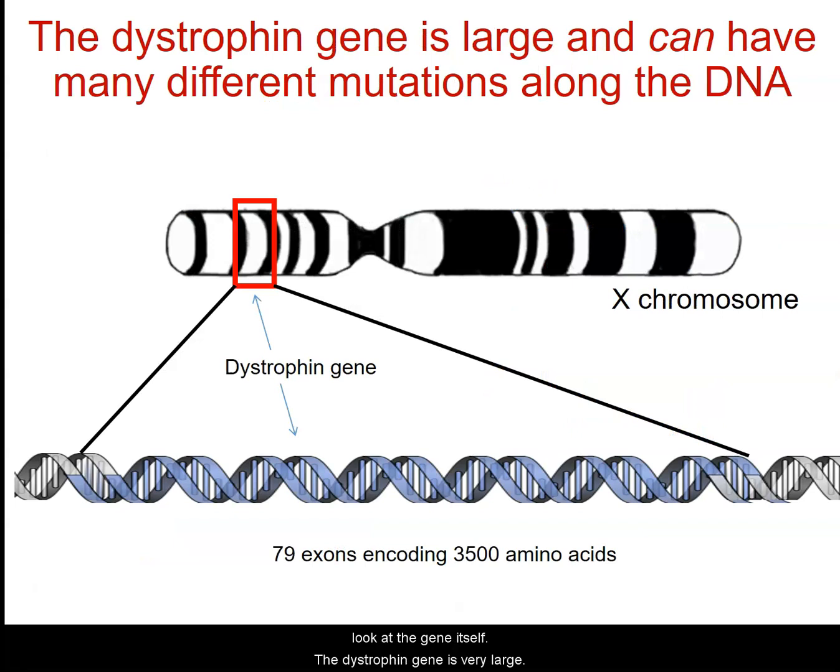The dystrophin gene is very large. It's about 3,500 amino acids that come out of this gene. And there are 79 exons. Remember the difference between exon and intron. You can review that on your own as well. So we're focusing specifically on the dystrophin gene, which is a very large gene that encodes for a very large protein.